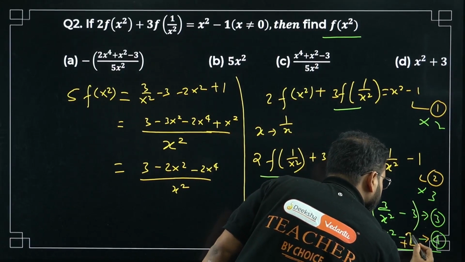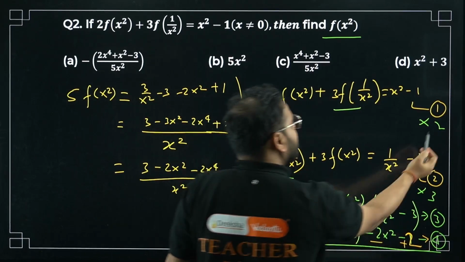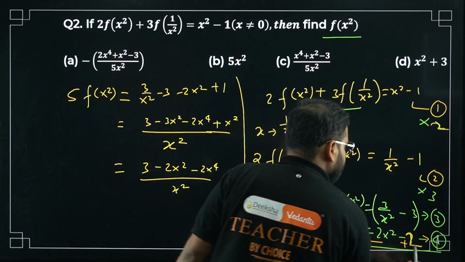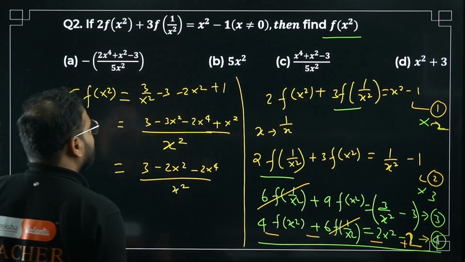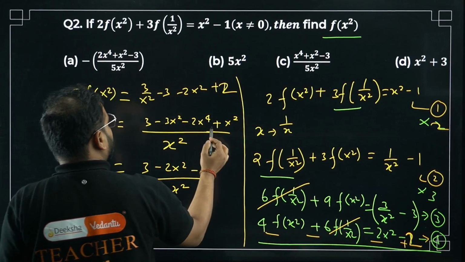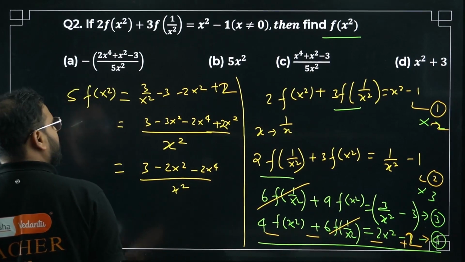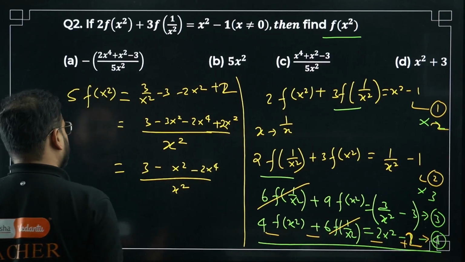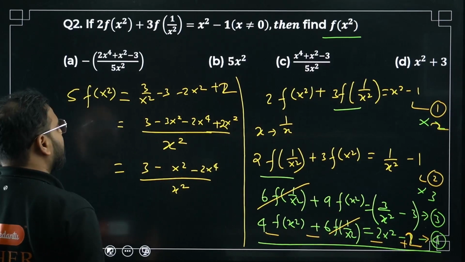This will be 2, right? Multiply this 2 with x square is 2x square. 2 with 1 is minus 2. Okay, so actually it will be plus 2x square, which will give me minus x square. Please check it out. It will become minus x square. Okay. Now it makes sense.